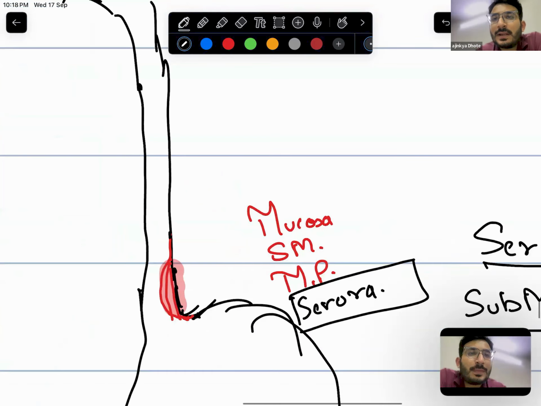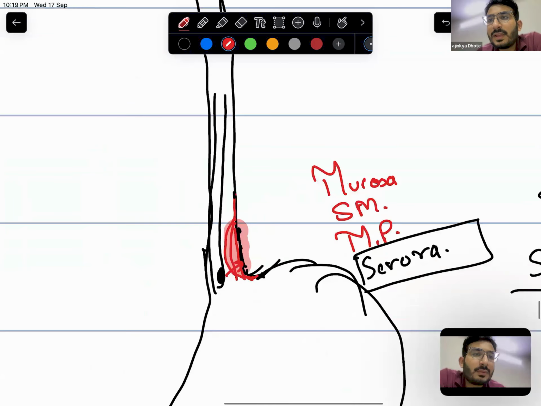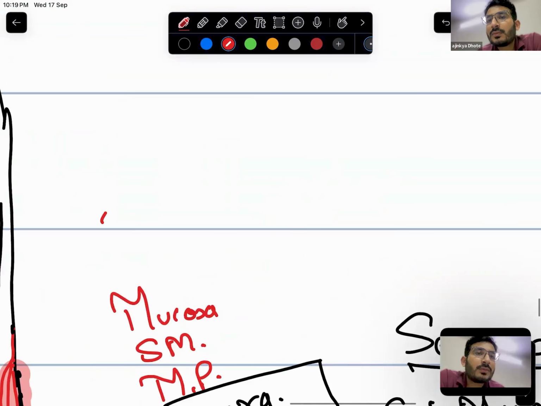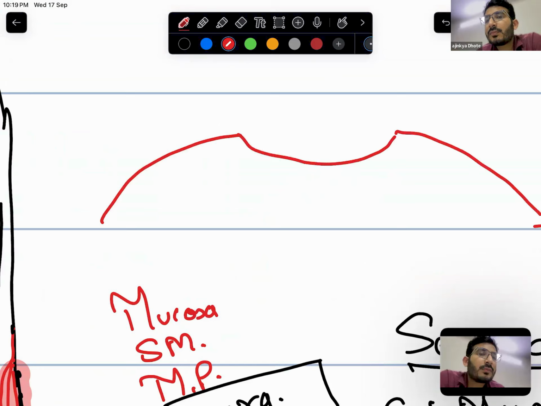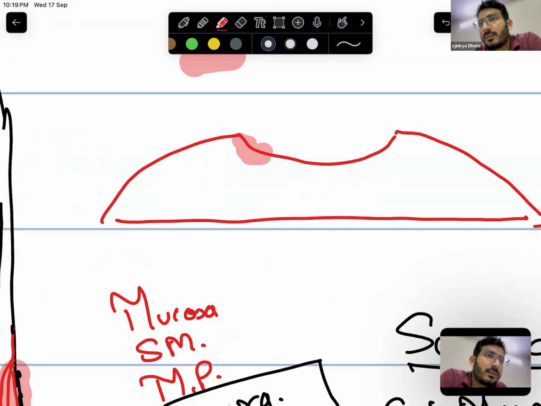What we do in endoscopic ultrasound is we go ahead. There's a probe attached over here that will scan this area and give you an ultrasound image of this area, so that you know which layer of the esophagus the tumor is exactly involving.